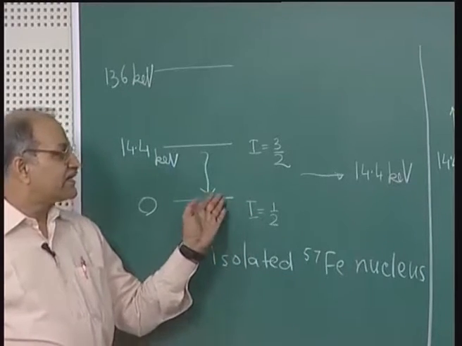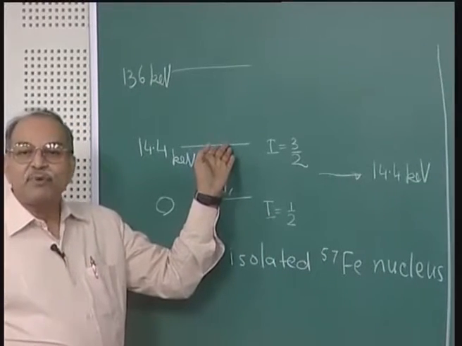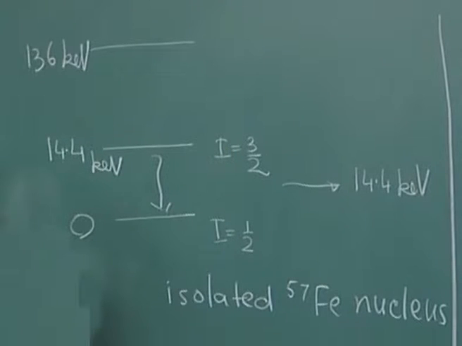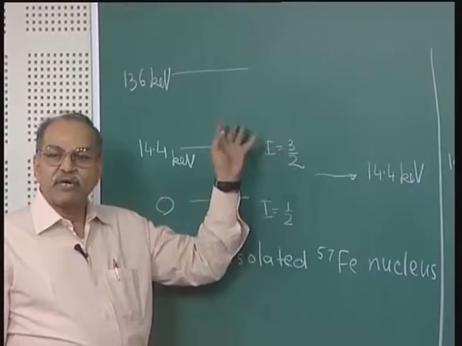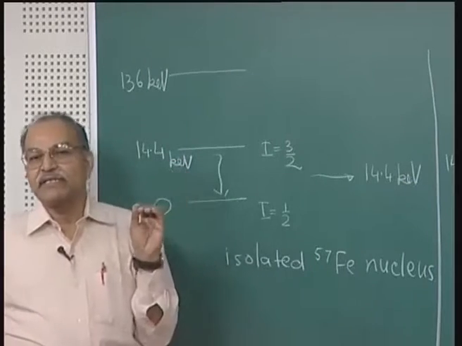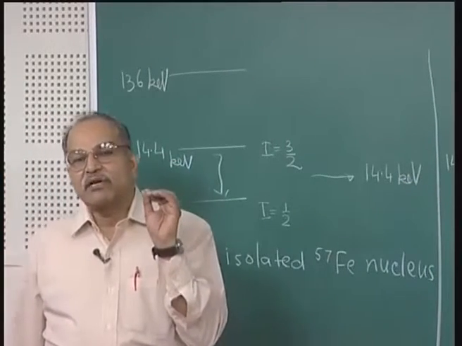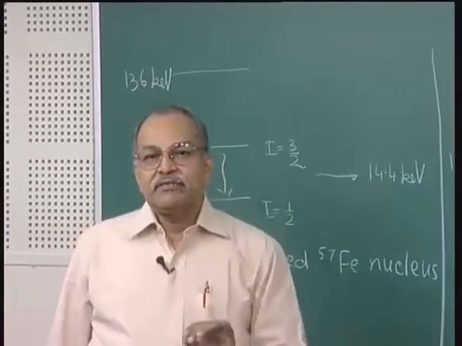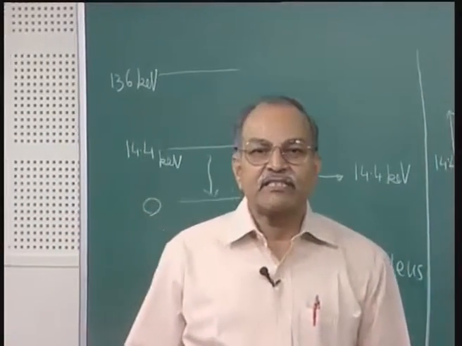The first excited state is at 14.4 kilo electron volt. The first excited state will also split in 4 parts, m I going from 3 by 2, 1 by 2, minus 1 by 2 and minus 3 by 2, and there also the splitting is about 10 to the power minus 8 electron volt.